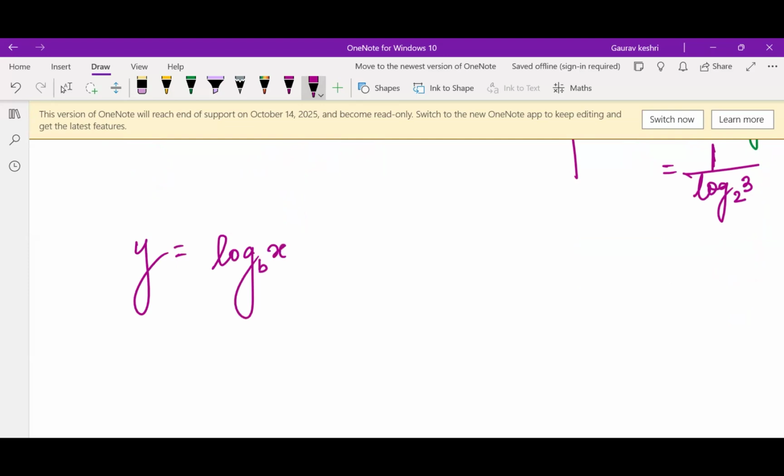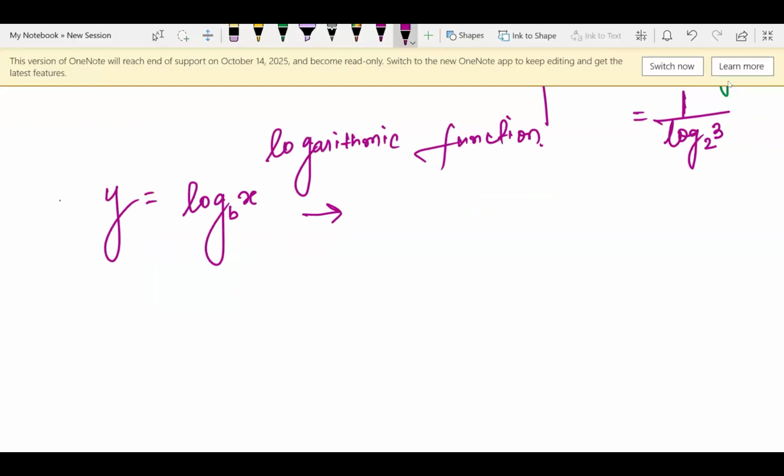Here, output is y, input is x, and the base will remain fixed. If any function looks like this, we will be calling it a logarithmic function. Now we understand that in exponent form, we can write it as b to the power y is equal to x, right?